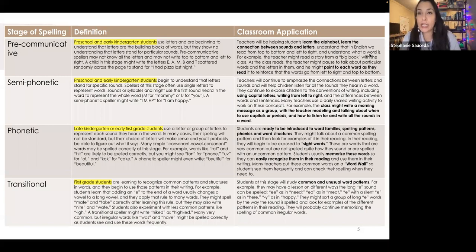So understanding what a word is, for example, the teacher might read a story from a big book with the class. As the teacher reads, the teacher might pause to talk about particular words and letters in them, and might point to each word as they read it to reinforce that the words go from left to right, top to bottom. That's the way that we read.